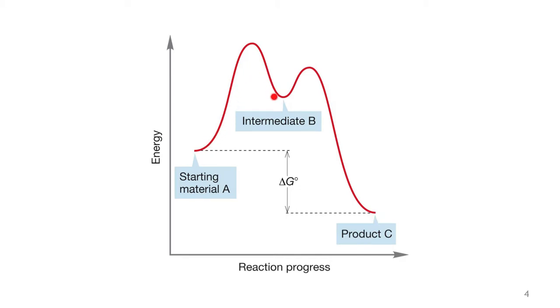If the barrier to the formation of the intermediate only generates a small amount of it, that may be of little consequence because it could react rapidly to move on to the product. And as Le Chatelier's principle tells us, more of that intermediate then would be formed to reestablish equilibrium to that intermediate step.